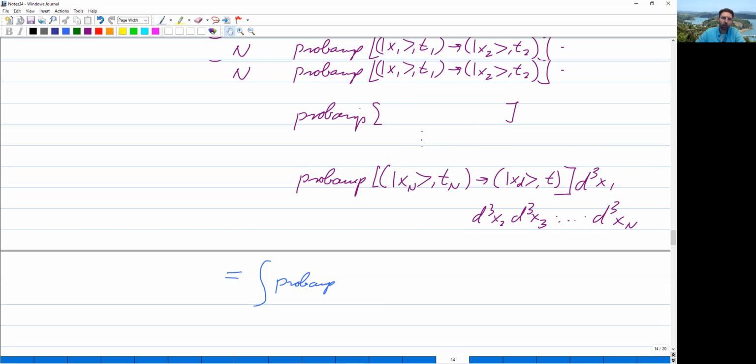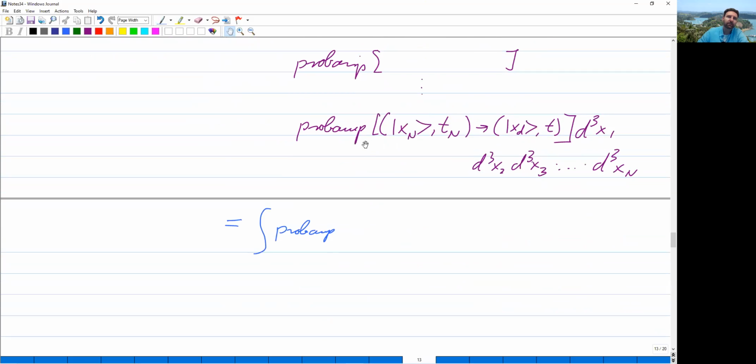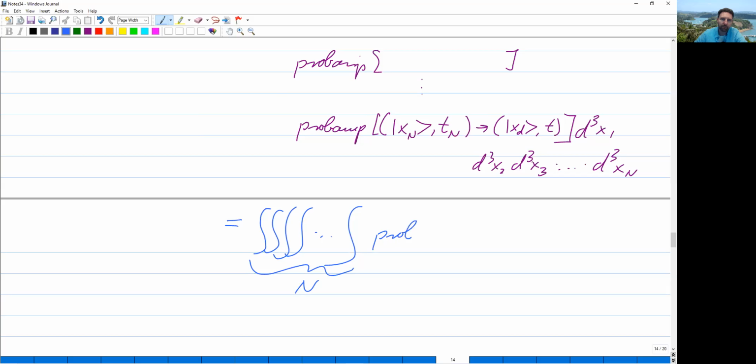If I just combine these things now, right? So here we have the probability amplitude for the particle to make its way from xe to x1. And here's the probability amplitude for it to go from x1 to x2, and so on. So therefore, this is really the probability amplitude. Sorry, I need more integrals here, right? So all those integrals, n of them. And then it's the probability amplitude for the particle to travel.